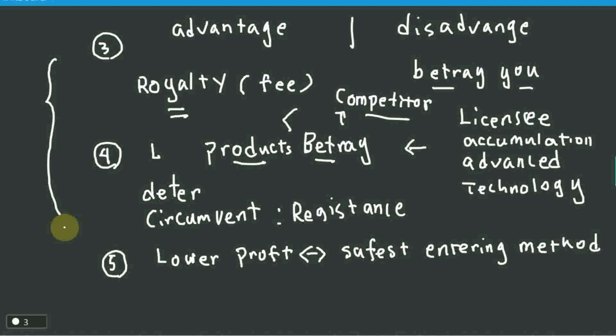The first advantage of a licensing contract is stable profit. Stable profit creation through the lowest risk method. Very stable, right? Very low risk. You just transfer technology. You do not transfer into the local area. You do not invest to build your facility over there. You do not hire manpower to operate a factory over there.